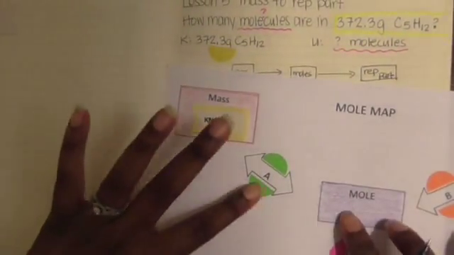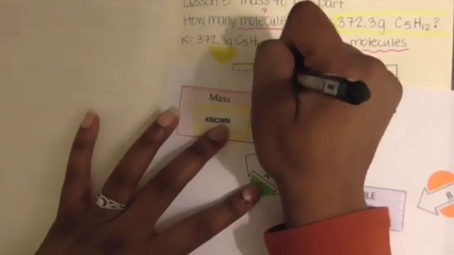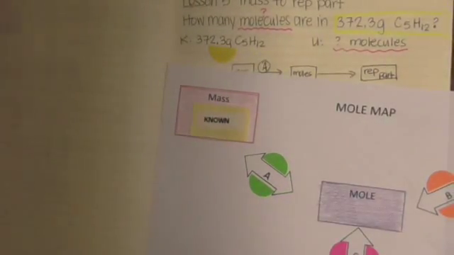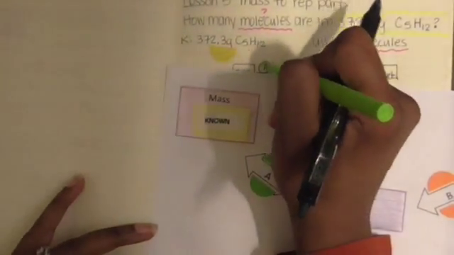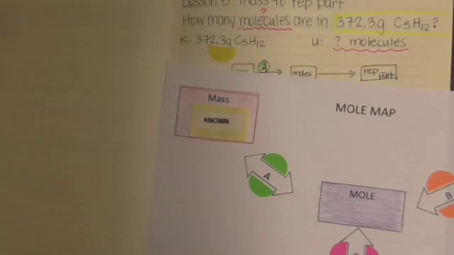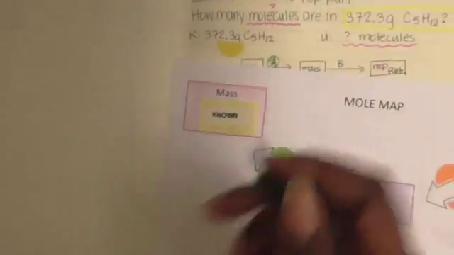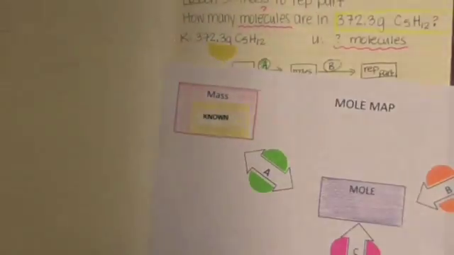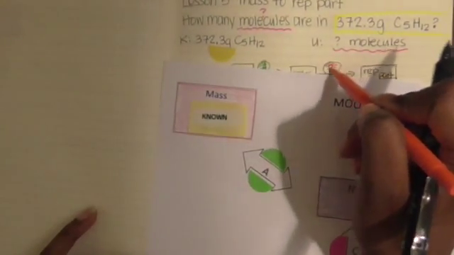This, from mass to moles, that's our A. And that is going to be green for us. And then representative particles is B. That is going to be orange for us.